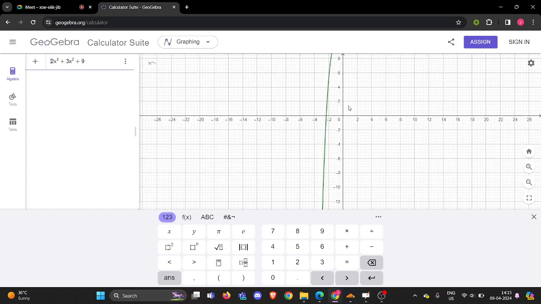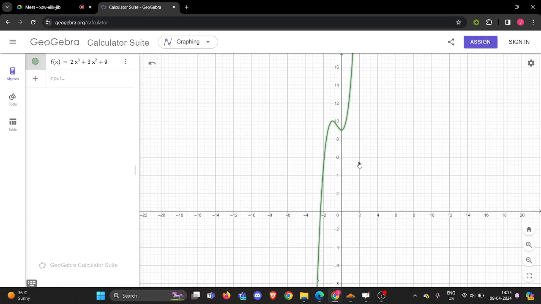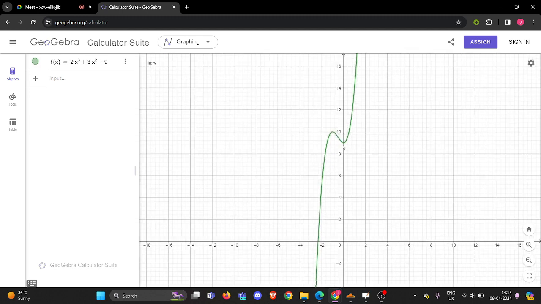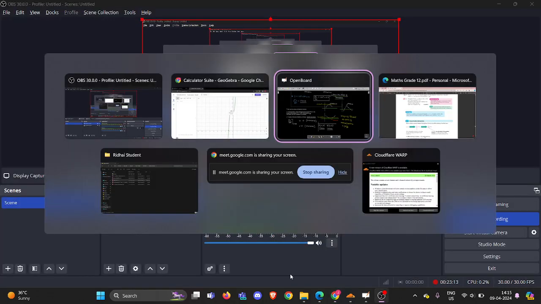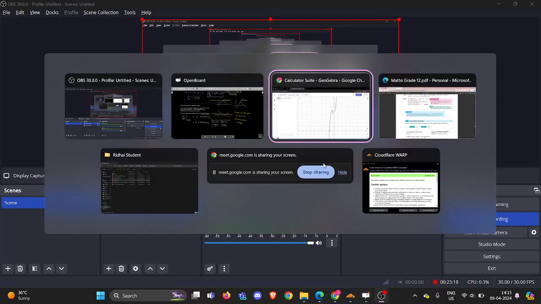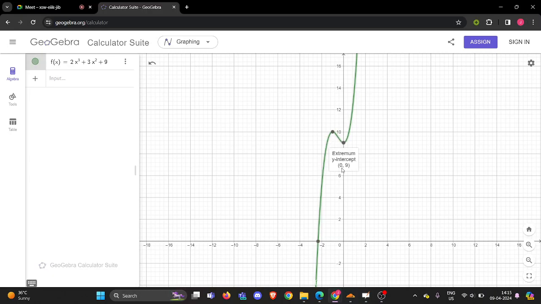And see, this is the point of maximum, and this is the point of minimum. Minus 1 comma 10 was a maxima, right? Yes, it's maximum. 0 comma 9 is minimum, as you can see. If you draw a tangent, it will be a straight parallel line like this.